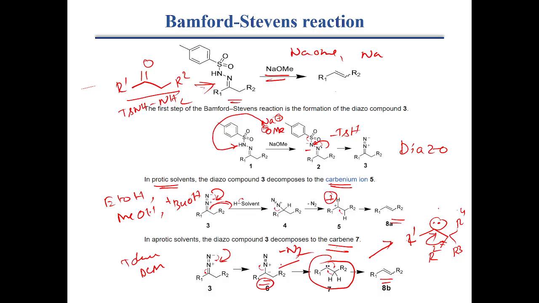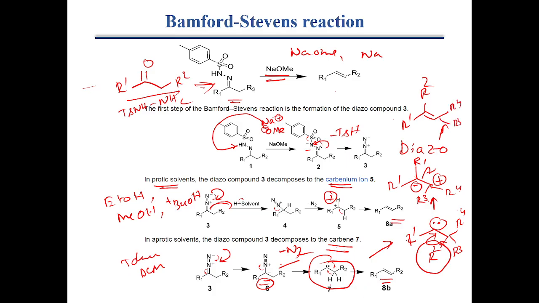I am migrating R2, R3 and R4 will be the same. As it migrates, it will form a positive charge, and if migration happens in this center, it will form a negative charge. Now this positive and negative charge will form a double bond here. R1, this is R2, R4, R3.